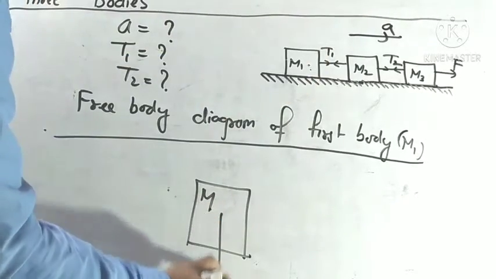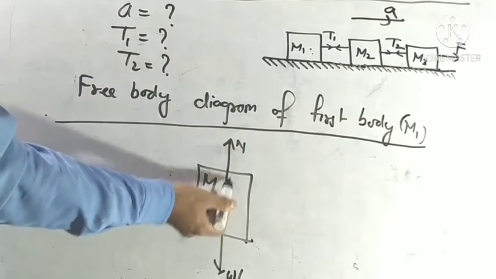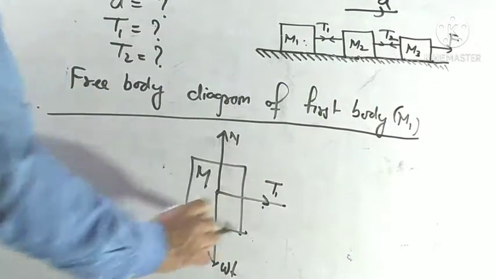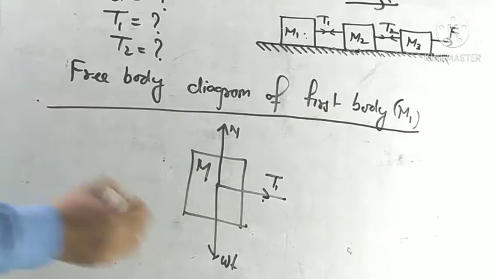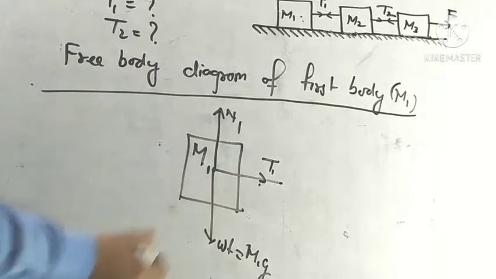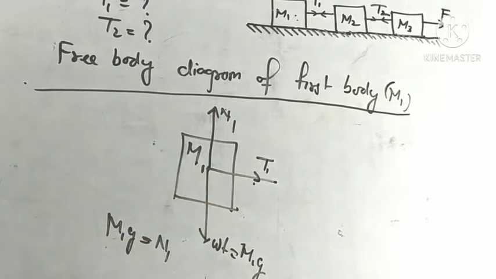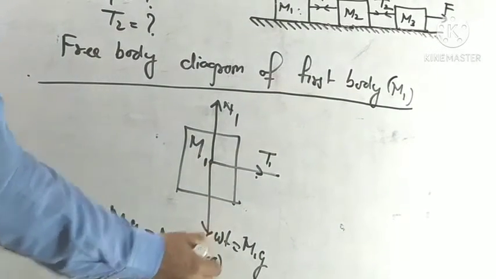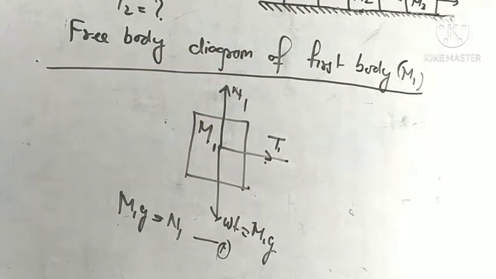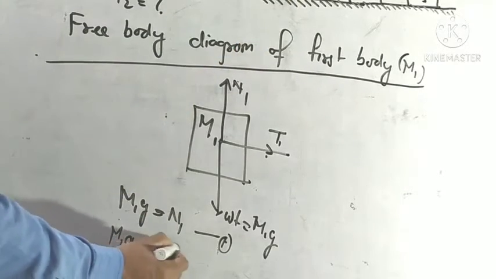There are three forces: the weight of this body working downward, the normal force working vertically upward, and tension T1 in the string, which works to the right. The weight of this body, m1g, and this normal force balance each other; both have the same magnitude but opposite directions. We call it equation number 1. This body will move to the right with acceleration a, so the net force working on this body is m1a equal to tension T1.